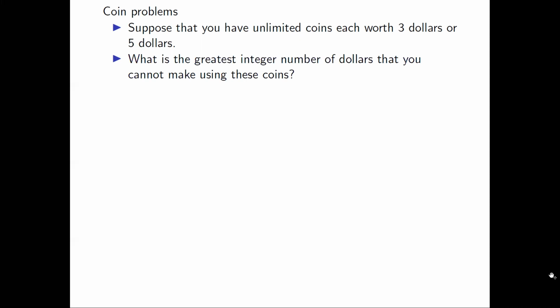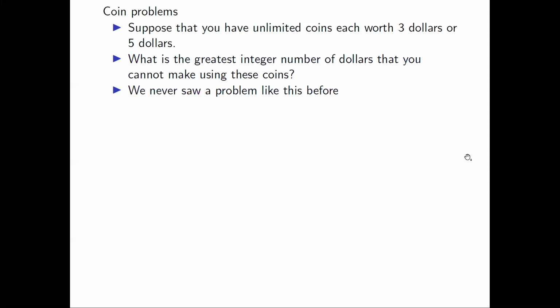One of these kinds of coins is worth $3. Again, we have unlimited of that kind of coin. The other kind is worth $5, and we have unlimited of that kind as well. And the question is, what is the greatest integer number of dollars that we cannot make using these coins?